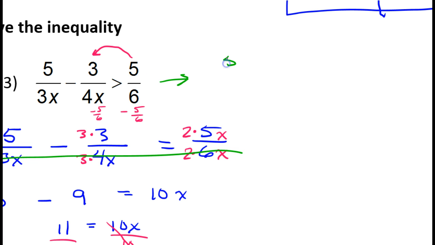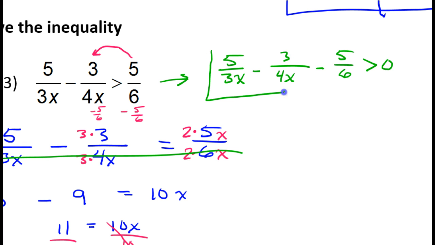I will have 5 over 3x minus 3 over 4x, and then now I will have minus 5/6, and I have is greater than 0. So this is what I'm going to wind up putting in my calculator.